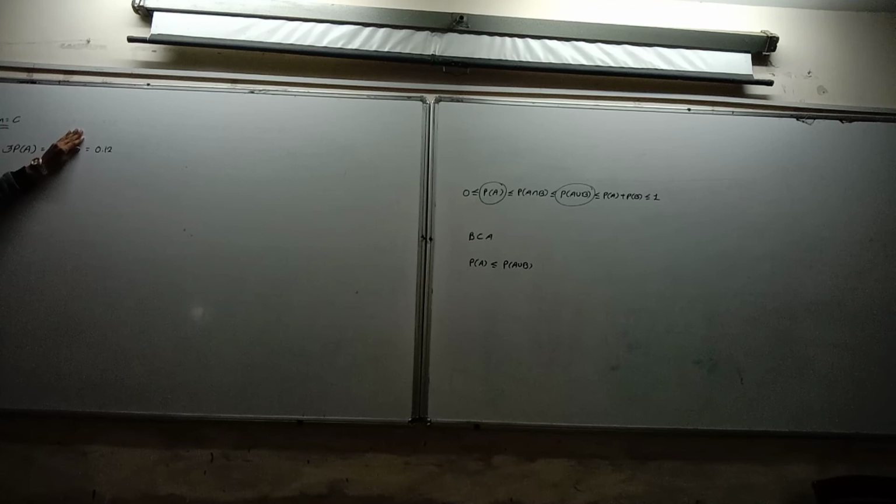So second step covered. यानी क्या होगा, 3P of A is equal to 0.12. 3 multiplication opposite side, denominator. P of A is equal to 0.12 upon 3. Therefore value of P of A is 0.04. Check it.